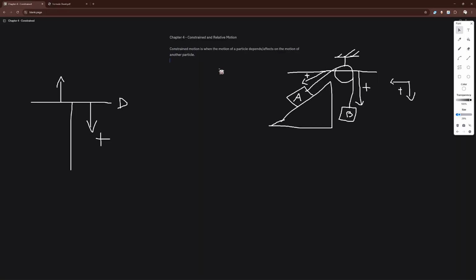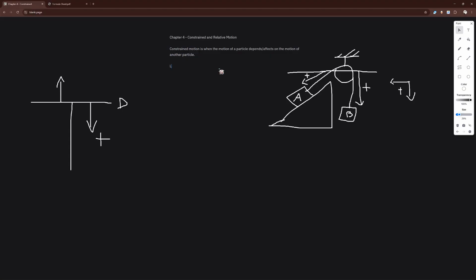Now we're going to bring up an important equation for pulleys. We're going to be making the assumption for a pulley that it's going to be constant length. Well, okay, that's not really an assumption. I feel like that's just something that's obvious. But it's going to be constant length.